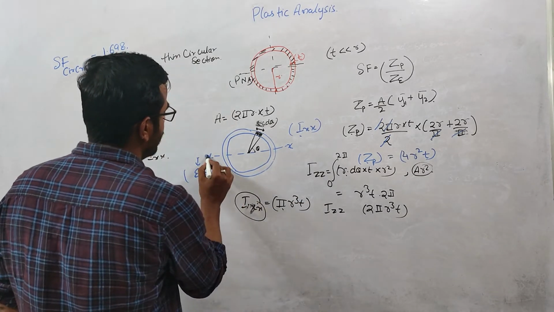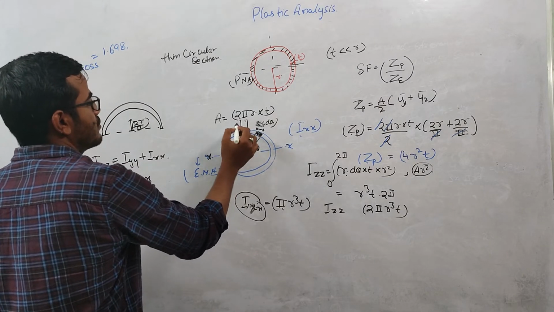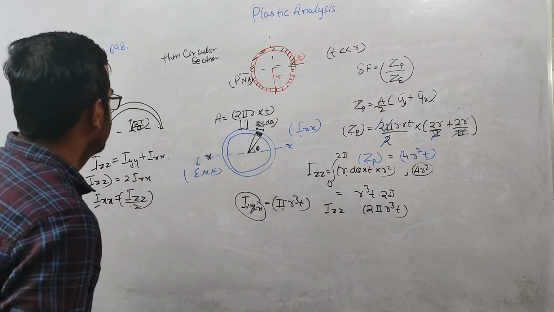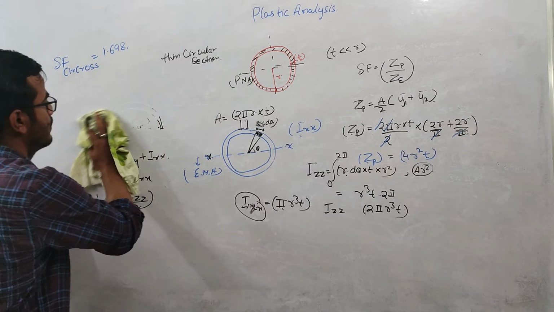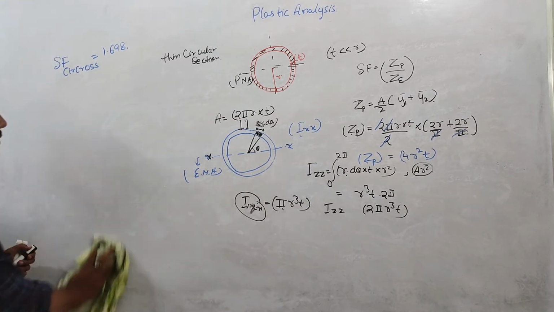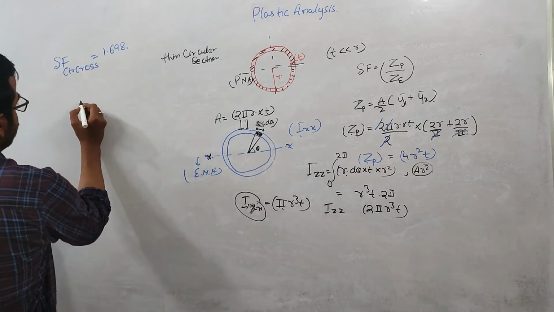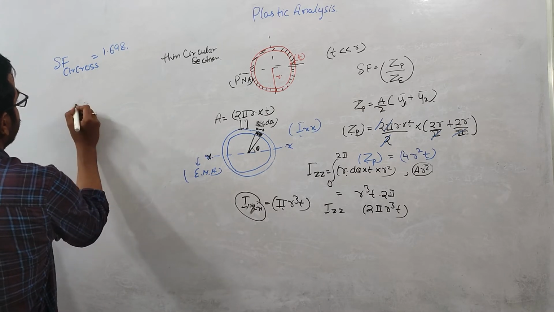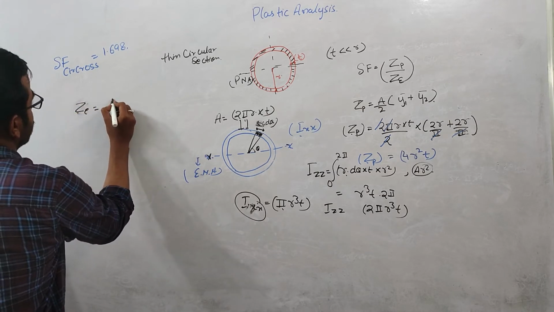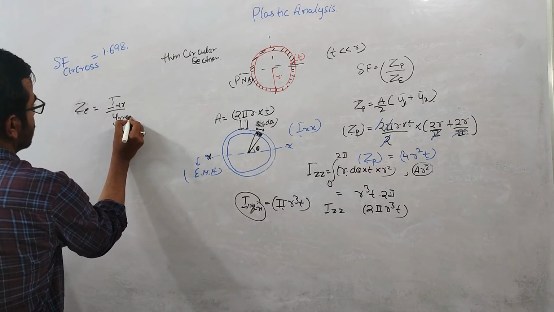The bending is taking place about this axis only, right? Let us suppose this is the direction of the load. The elastic section modulus Ze will be I xx over y max.